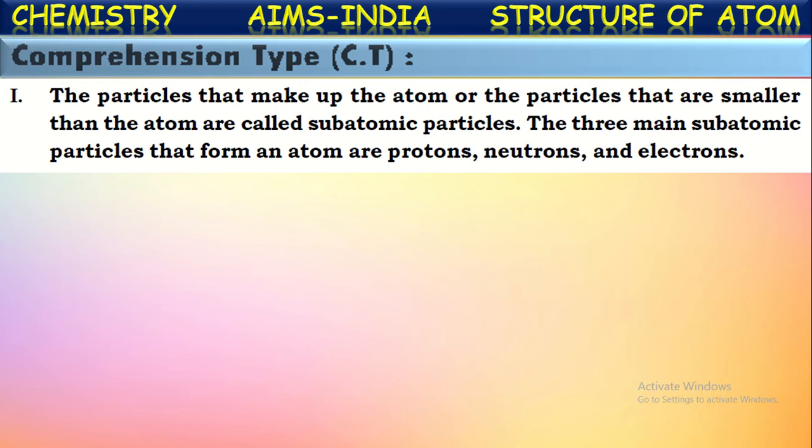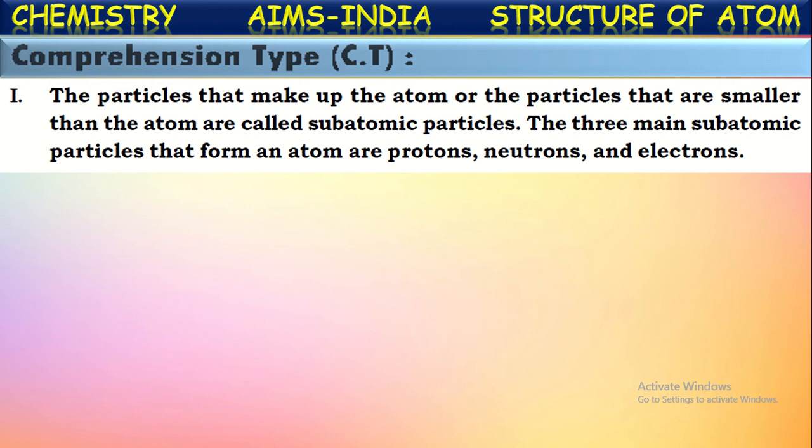These three are called fundamental particles also. Why we call these main is that there are around 100 types of subatomic particles existing in atoms. Out of all those, these three are the main subatomic particles. What are those three? Electrons, protons, and neutrons.